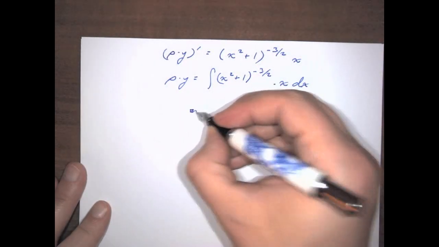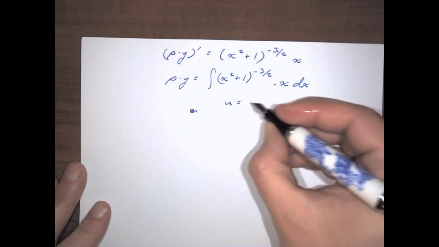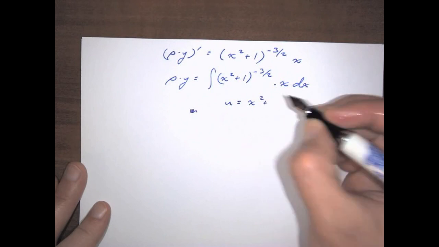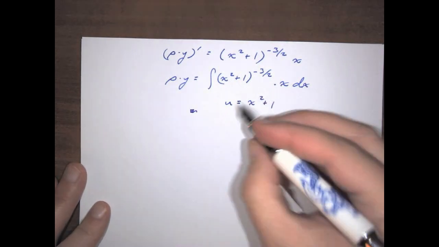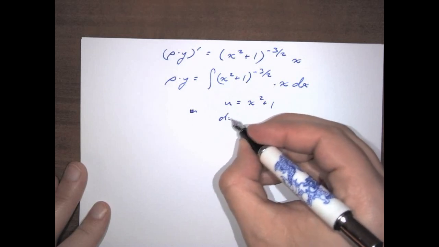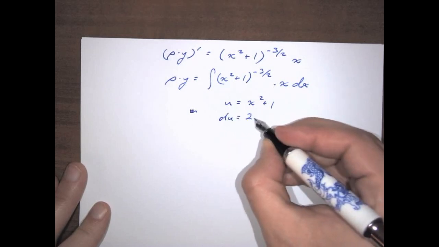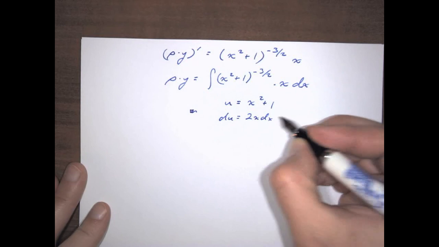Now here we're again going to have an occasion for a substitution, and in fact the same substitution we had before, u equals x squared plus 1, which makes du 2x dx.